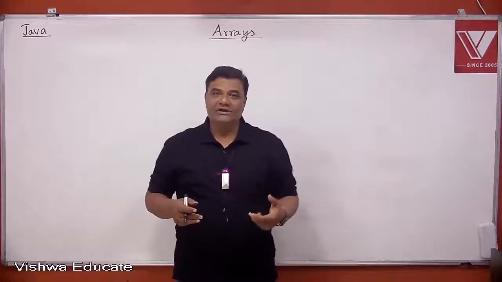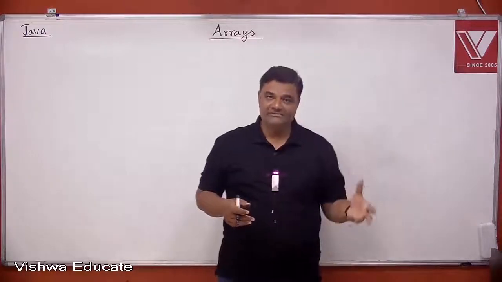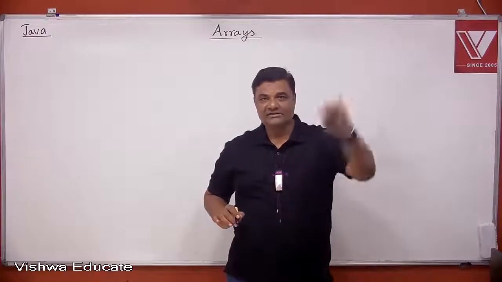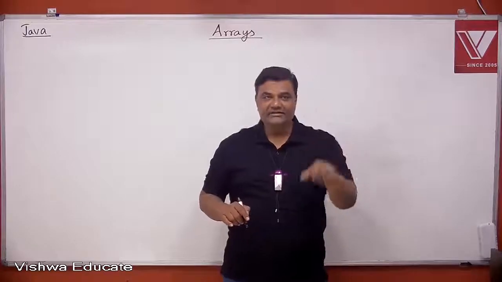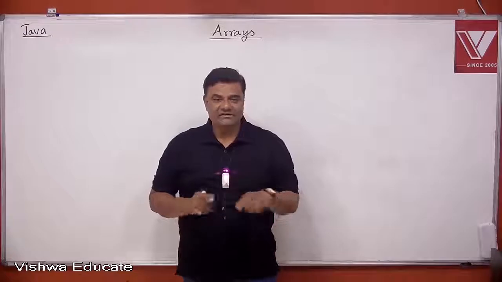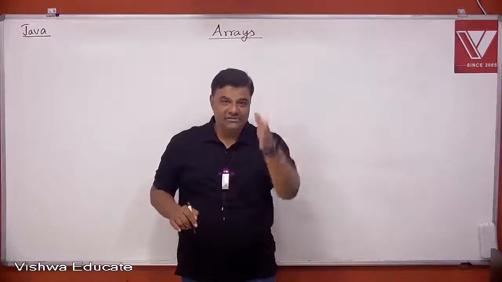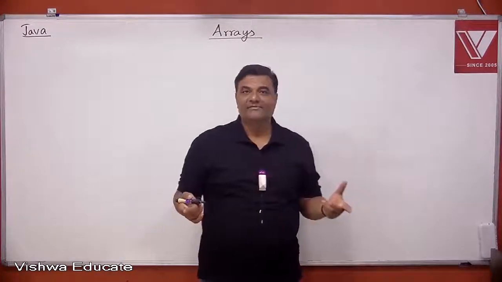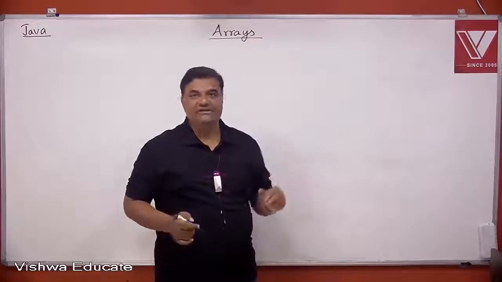If I ask you to write down the names of students who are interested in taking part in some sport, then you will prepare a list, like a table, with the name, roll number, and the sport they are interested in. So it is nothing but a list of names, list of roll numbers, list of sports. This is a common practice, that we have a collection of data.